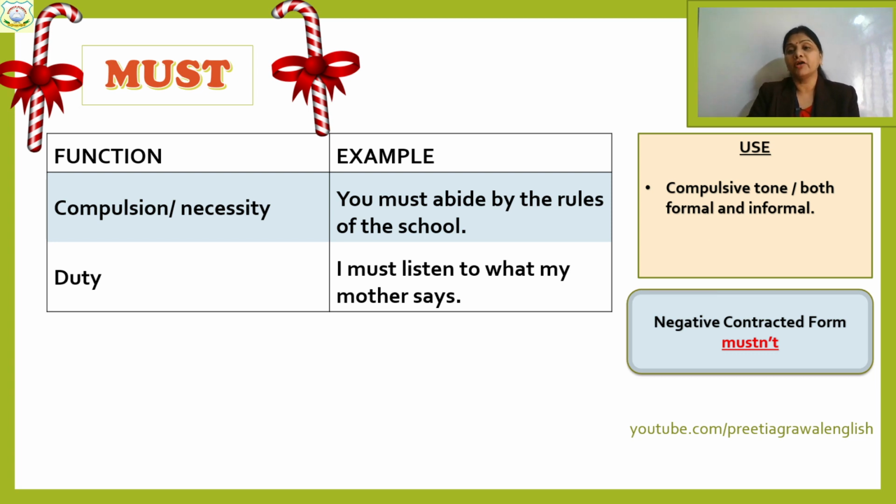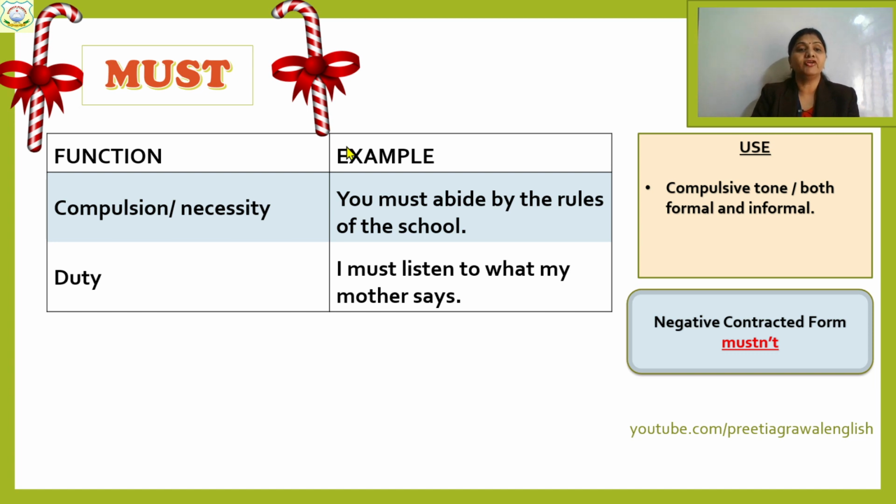It is both formal and informal. Means must can be used whenever we are in the office or in the school, and must can be used whenever we are at our home or at our friend's house or we are playing. Means when we are informal. Okay, so the use can be formal and informal both, but the most important thing is that it has a compulsive tone.